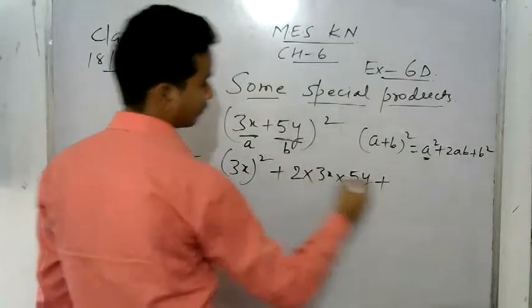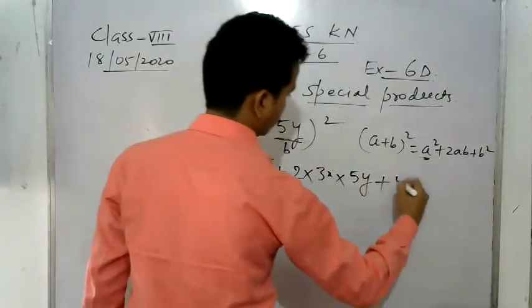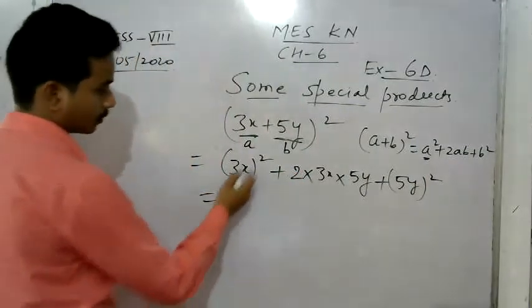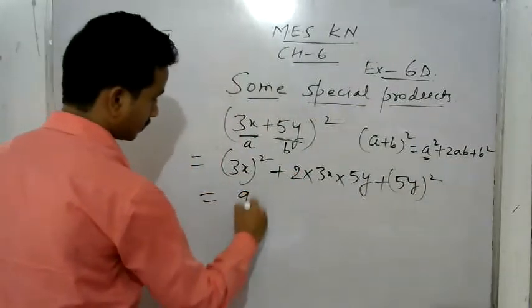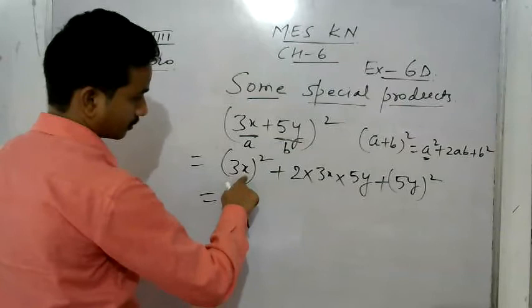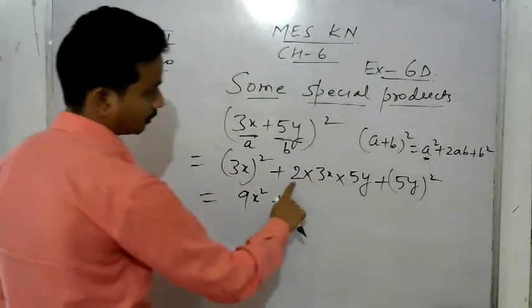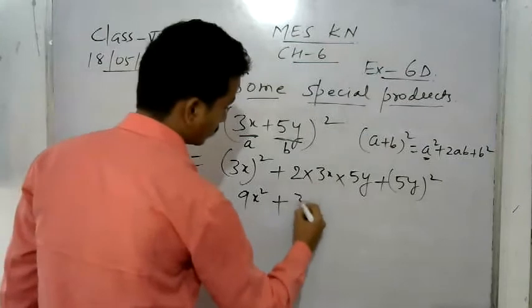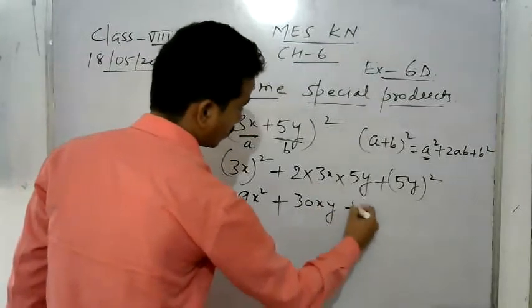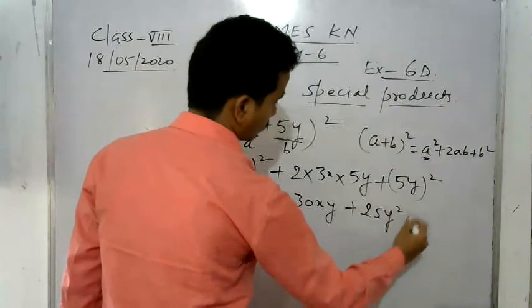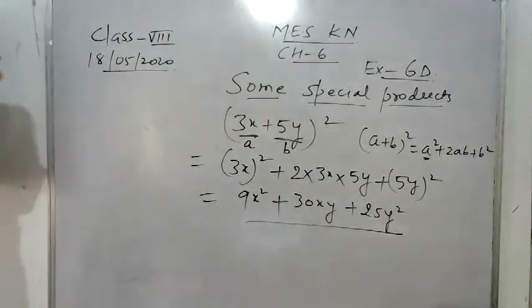What is in place of b? 5y, so (5y) whole square. Now what is the whole square of 3x? 3 3s are 9 and x square, so 9x square. Plus here you multiply: 2 3s are 6, 6 5s are 30, so 30xy. Plus 5 5s are 25y square. So this is the answer.